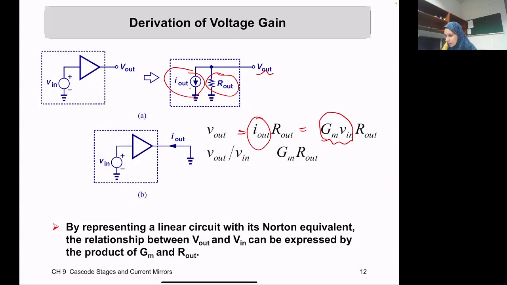Then from here you simplify that V out over Vn. Is it clear? Yes, ma'am. Thank you.